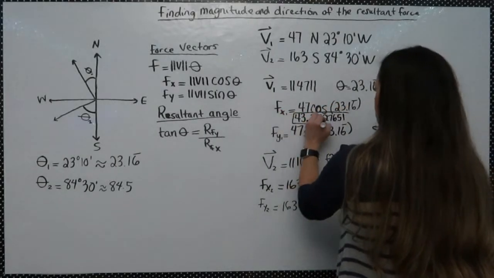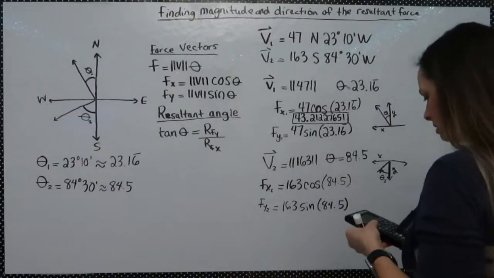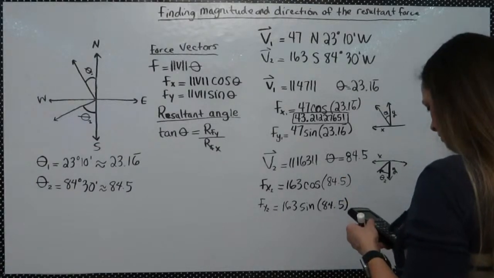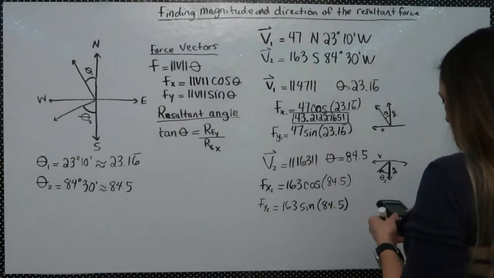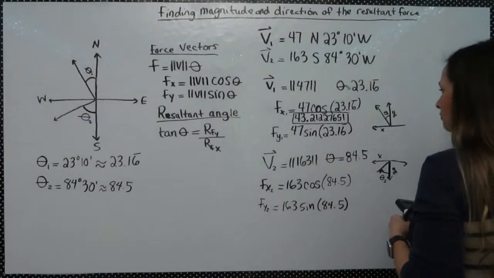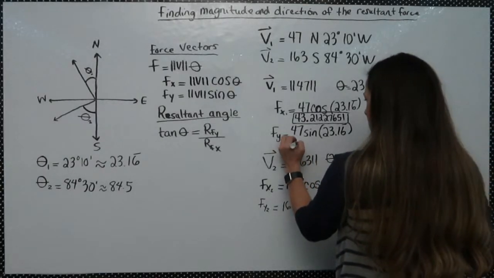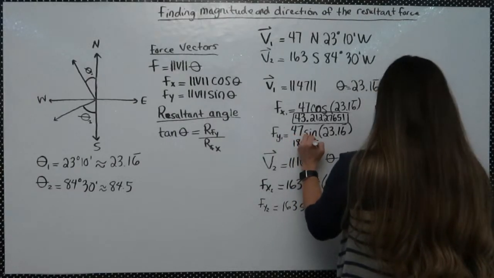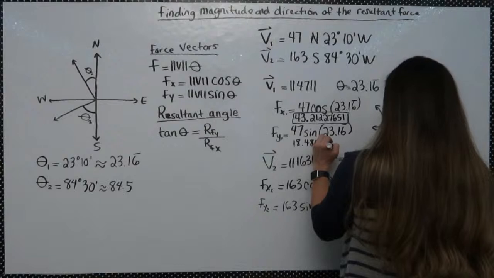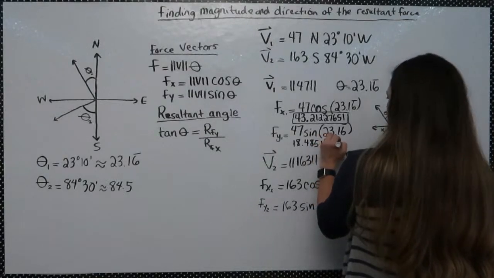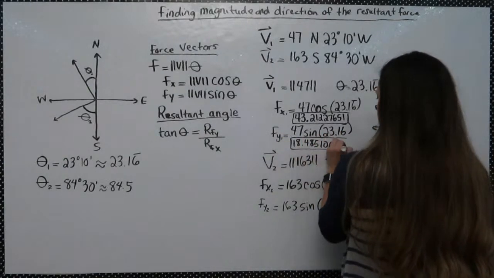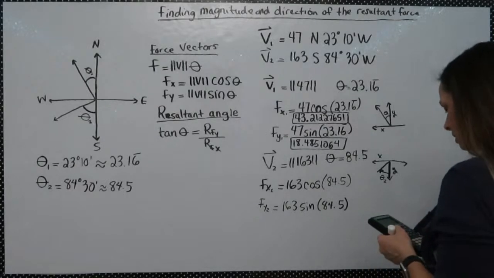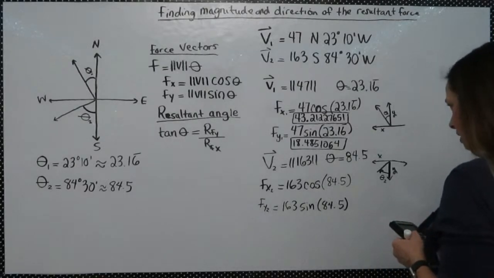And circle it. And then do the Y component. And I'm saying 18.4851064, and that's it. And then go down to the next one.